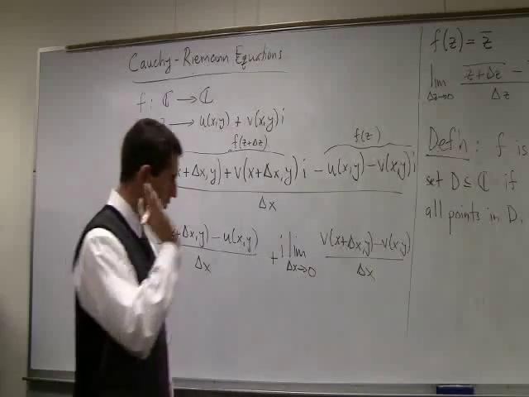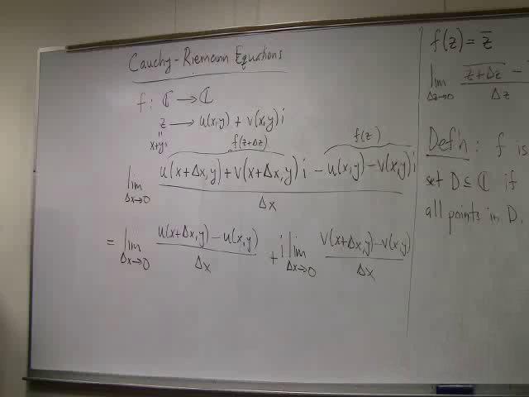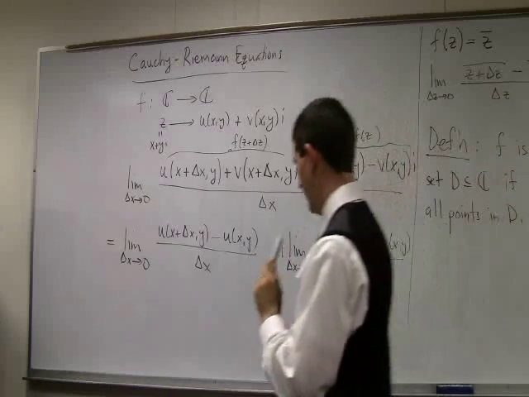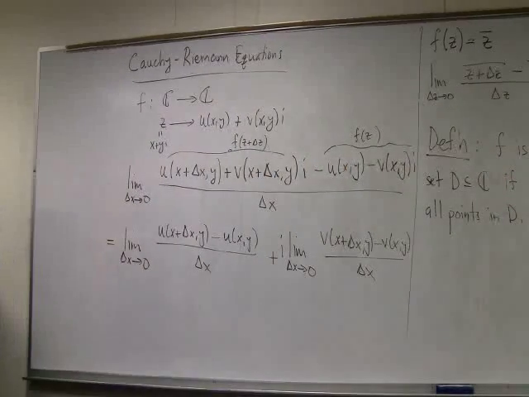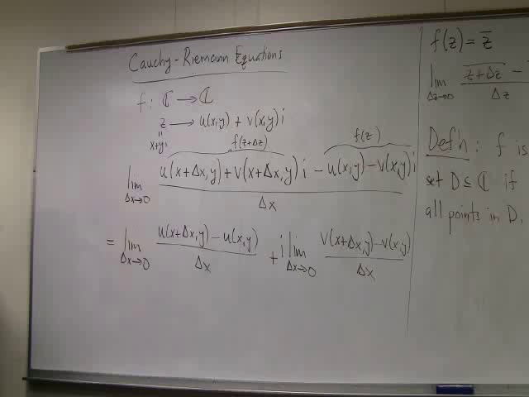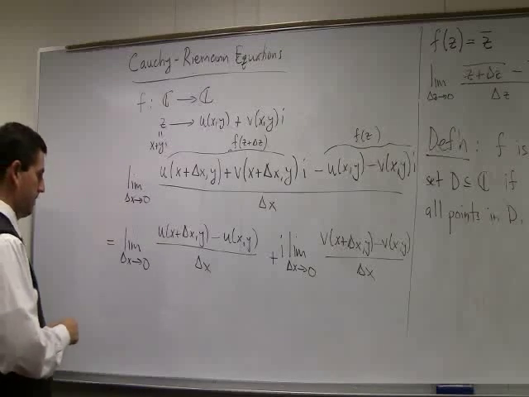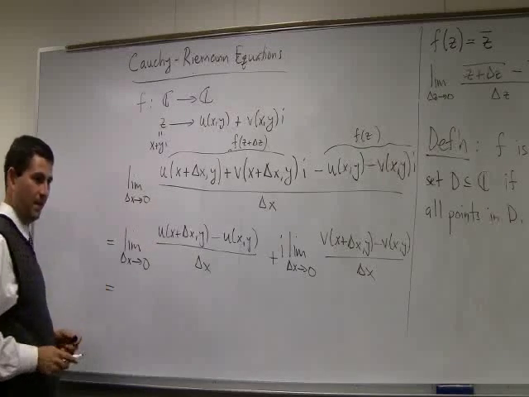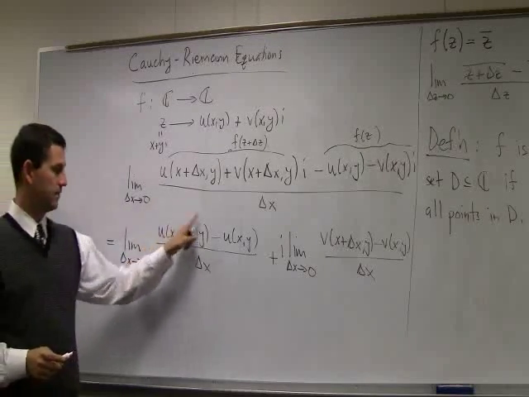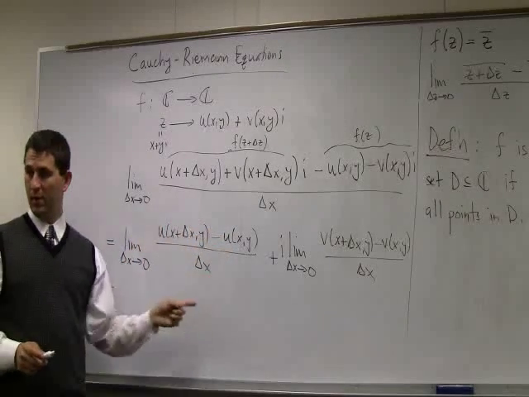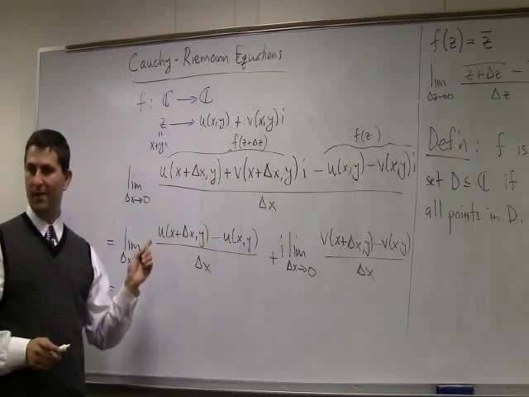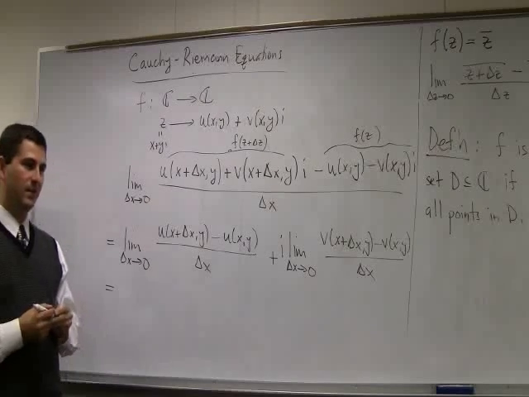Now you will be forgiven if you don't know what this is, because it's been a while since you took multivariable calculus, but you guys over here should know exactly what this is: a partial derivative. Sounds familiar. Yeah. This is the partial derivative of u with respect to x, so it's like f sub x. Exactly.